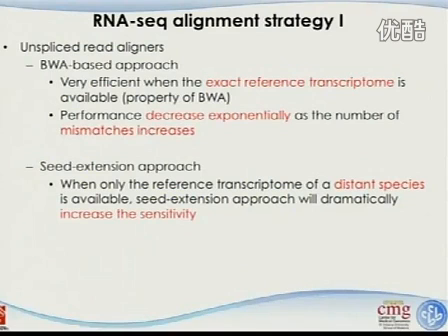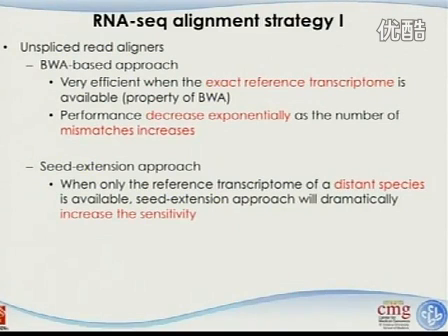But for the seed extension approaches, when only the reference transcriptome of a distal species is available, the seed extension approach will dramatically increase the sensitivity. That happens. It may not happen in human or model organisms, but sometimes you study a species and the reference genome is not available.